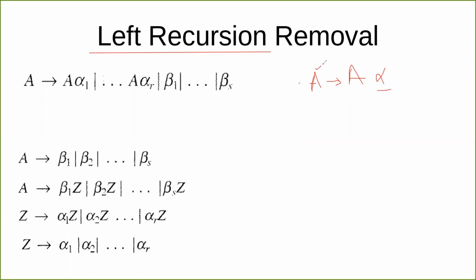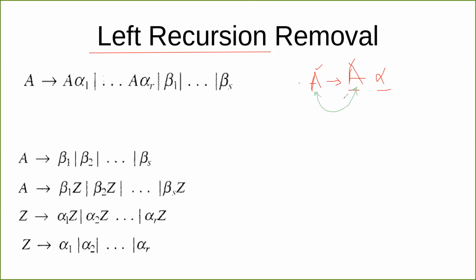If in these two positions of the production, the single variable on the left hand side and the first symbol on the right hand side, these two symbols are the same, then we say there is a left recursion.